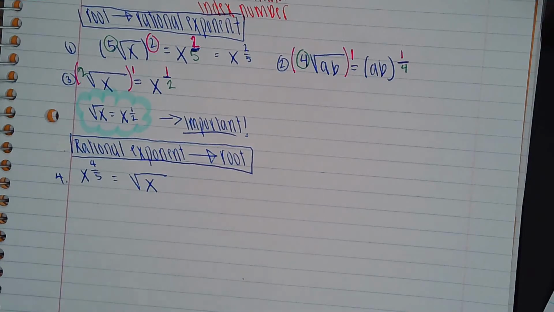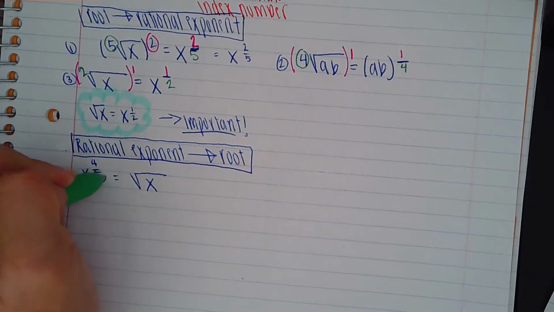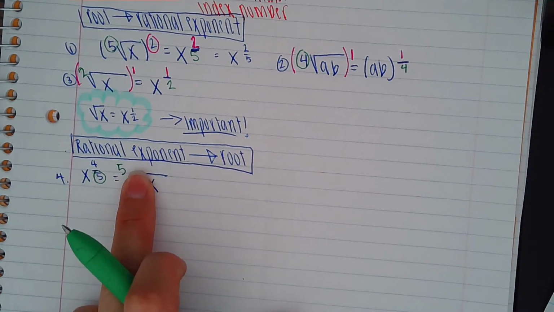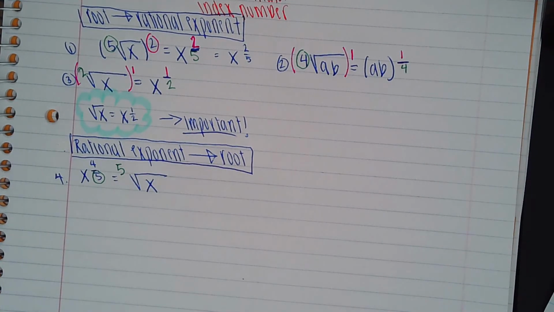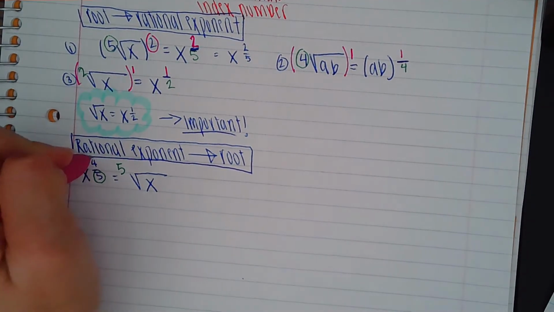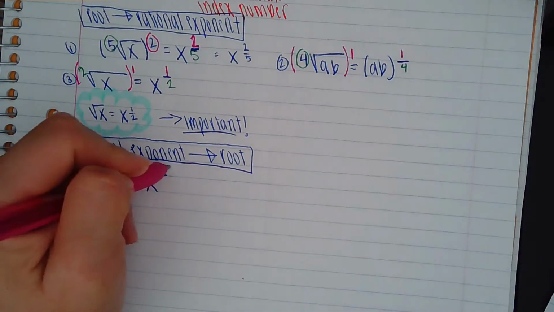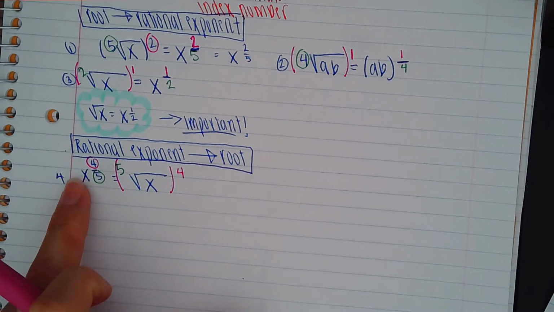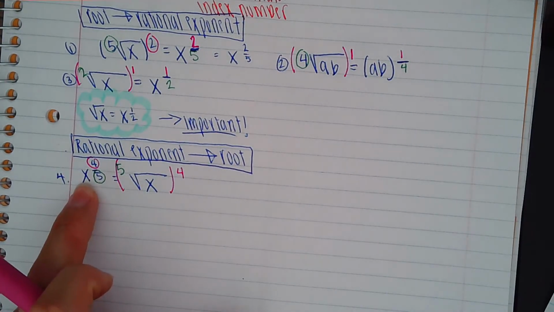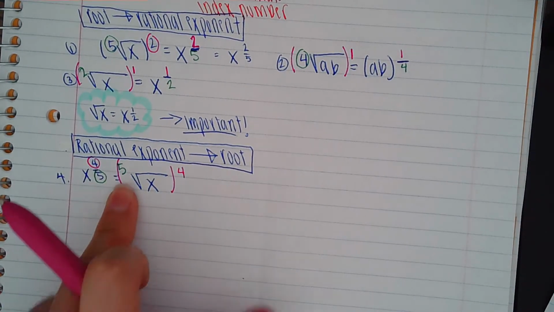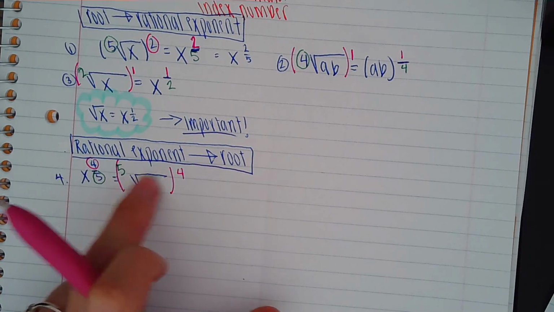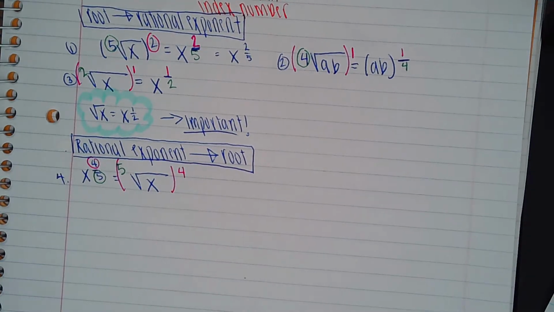And we're going to try to remember, oh, okay, the denominator always stood for the index number. So 5, and we're going to put a 5 out here. And the numerator, this 4, always stood for what we were raising it to, so to the 4th. So when it's x to the 4/5, we technically know it's the 5th root of x raised to the 4th power.